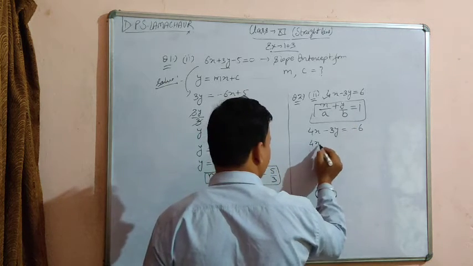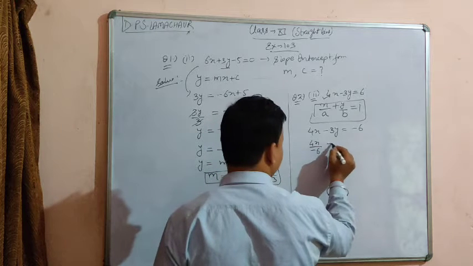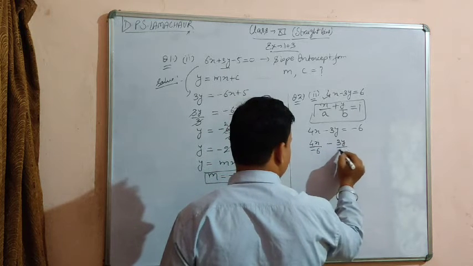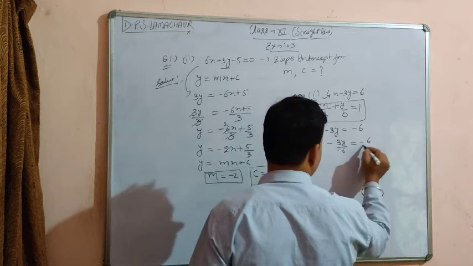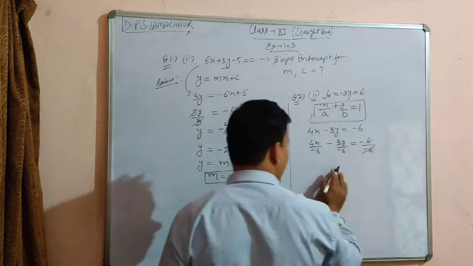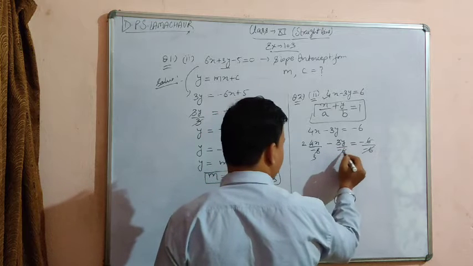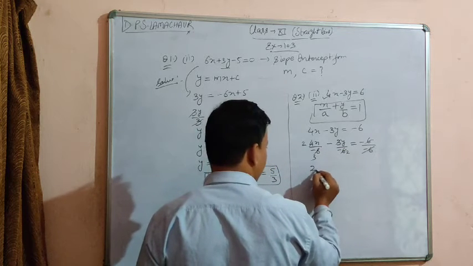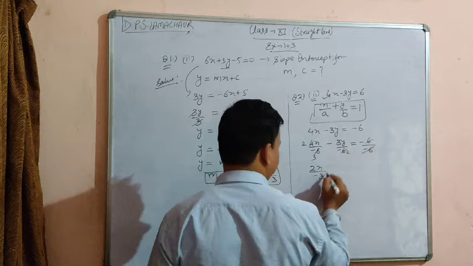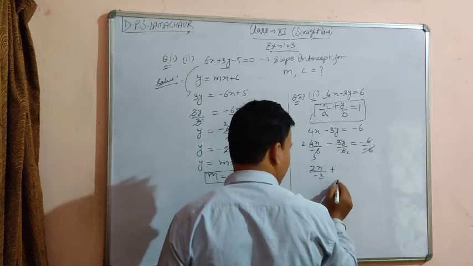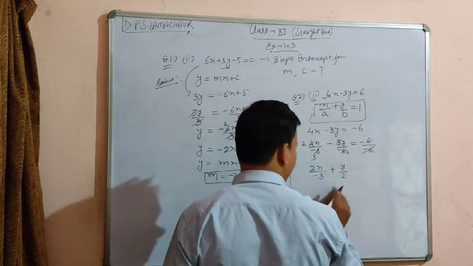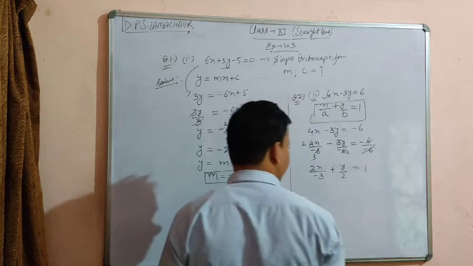So this will become 4x upon minus 6 minus 3y upon minus 6 equal to minus 6 upon minus 6. This will be cancelled out, and here we get: 2 twos are 4, 2 threes are 6, 3 twos are 6. So here it will be 2x upon minus 3, minus and minus will be plus, y upon 2, equal to 1.